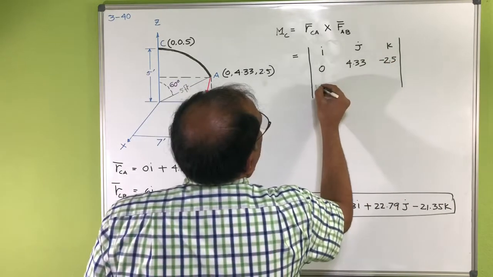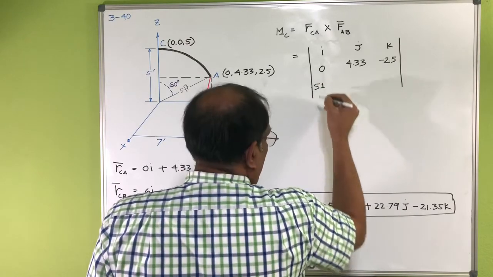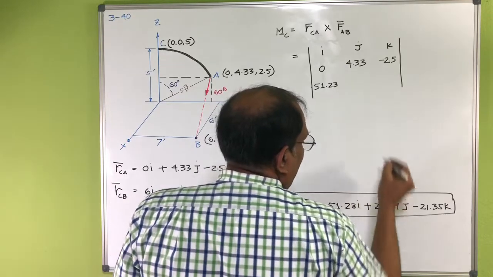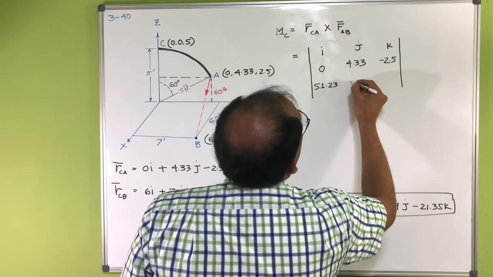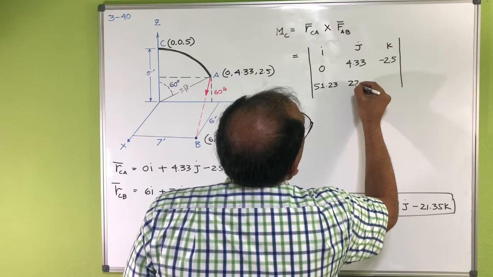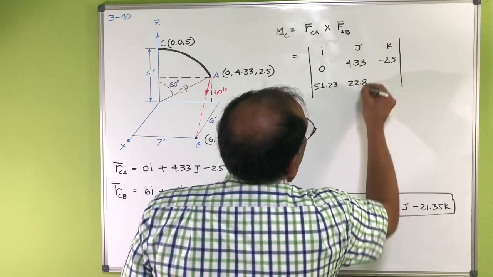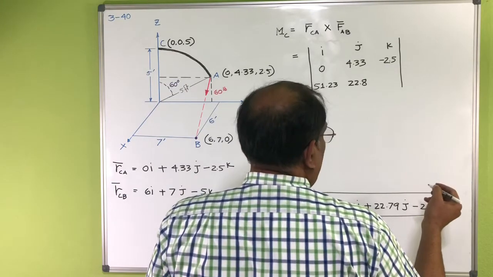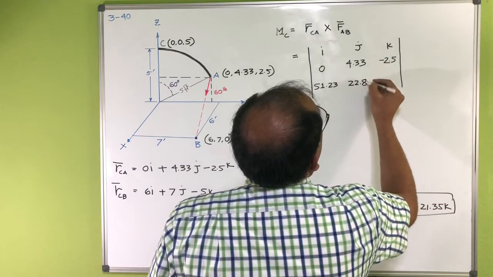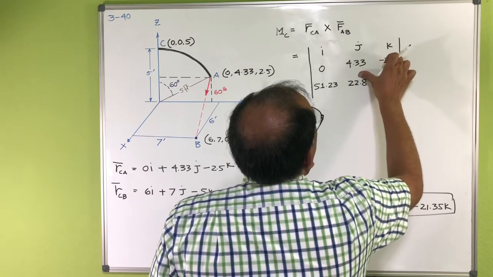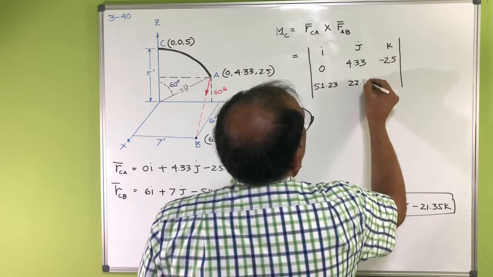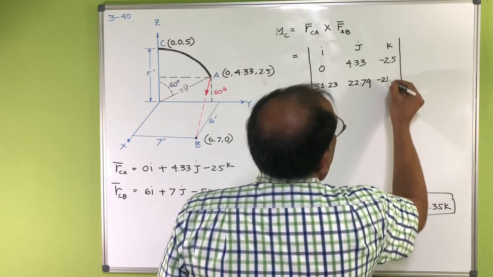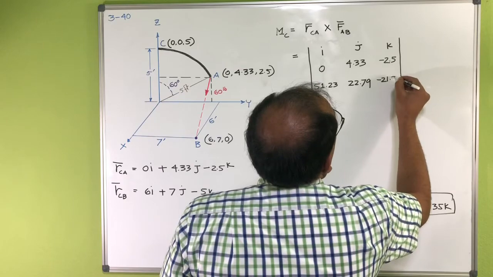Here you see 51.23. This one is actually 22.8. I'll just write 22.79. And then this one is minus 21.35.